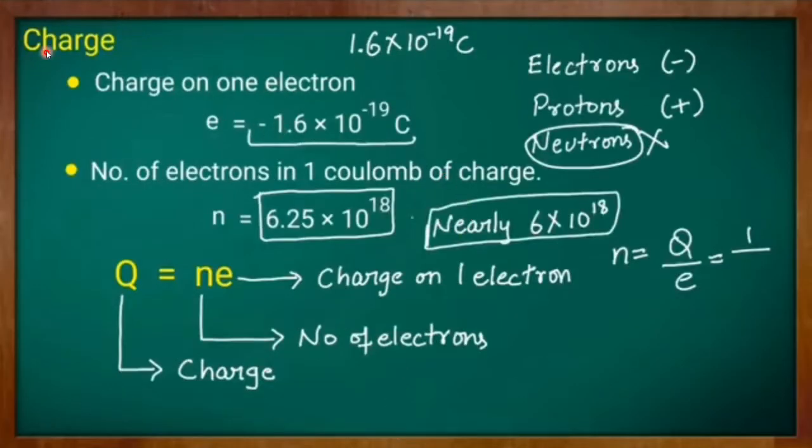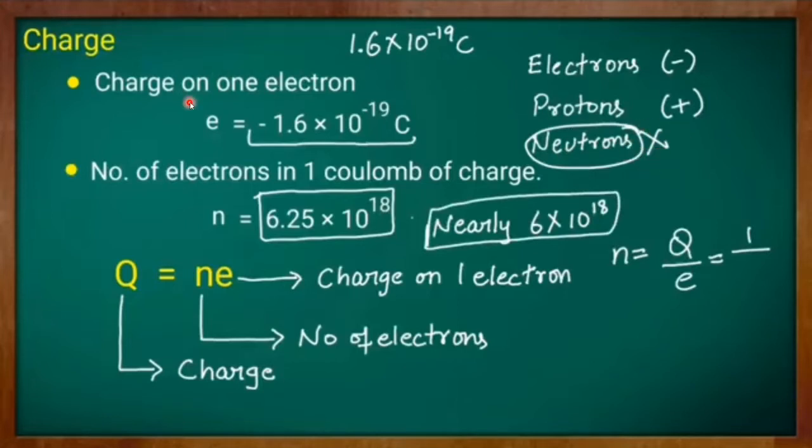Children, now let us understand more about charge. We all know that an atom consists of electrons, protons and neutrons. Electrons are negatively charged, protons are positively charged, and neutrons do not have any charge.